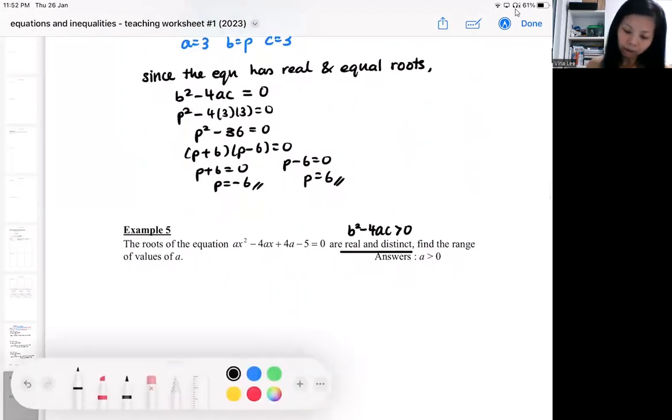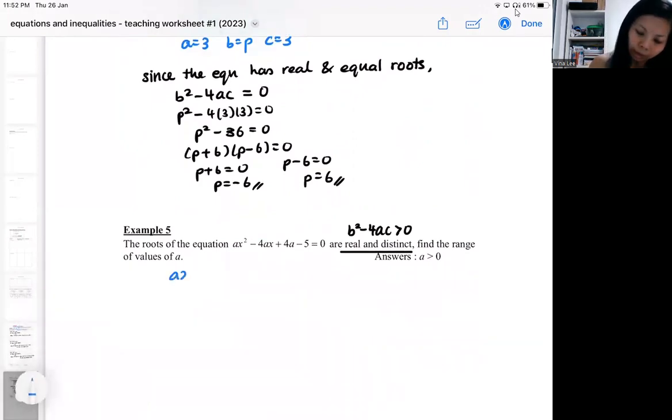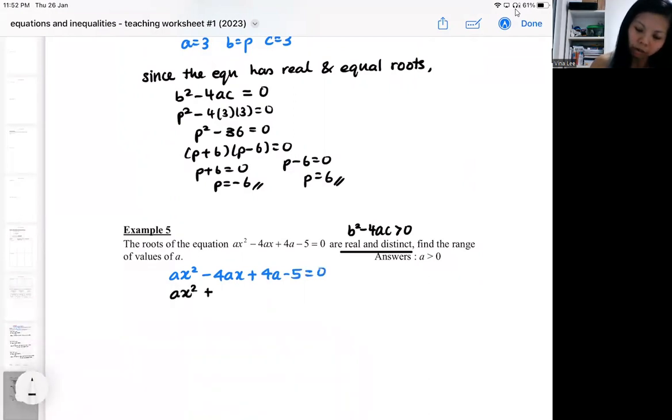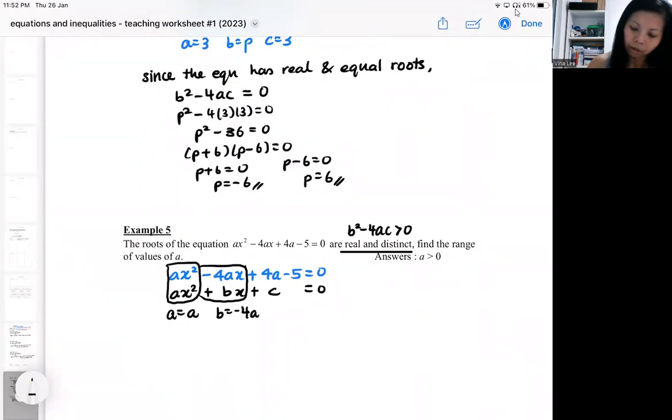Okay, before I can execute, I need to be able to explore my ABC. This is the part where a lot of people might not get the correct ABC. So in this question, A is a, B is a minus 4a, and C is 4a minus b.